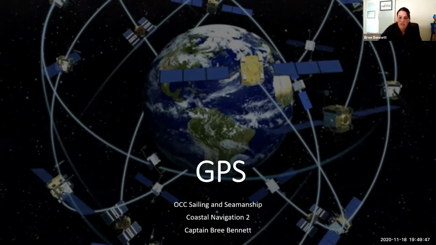It's always good to verify all of your instruments so you can catch when one goes wrong. Hopefully if one starts having errors, it will alarm for you, but you do want to verify it all. So let's dive into GPS.